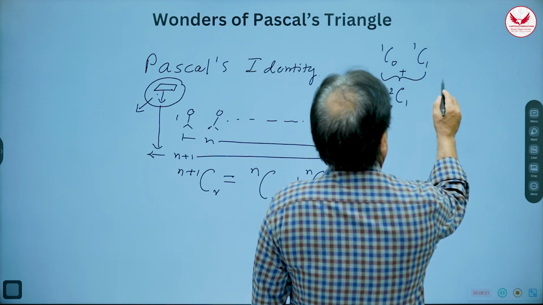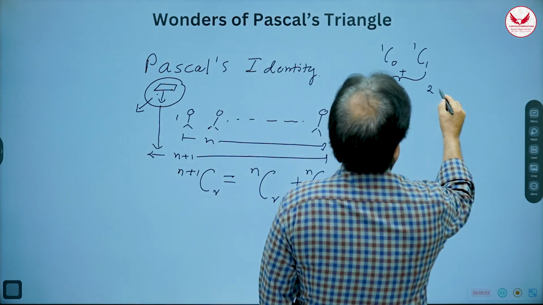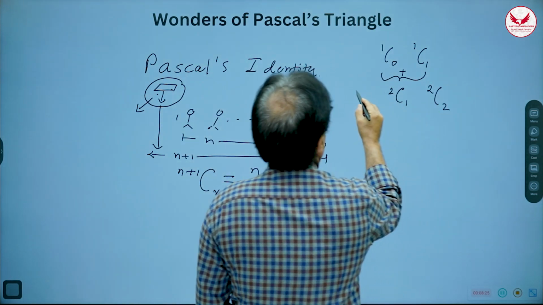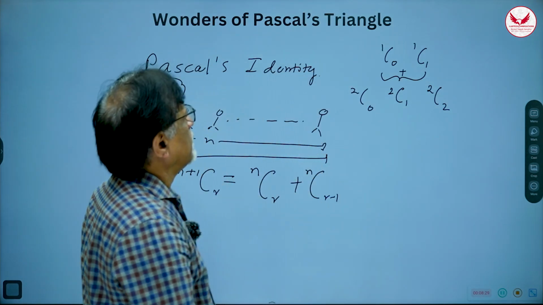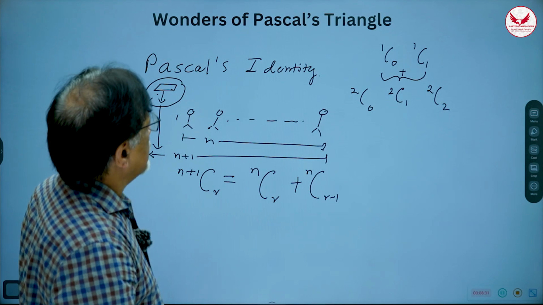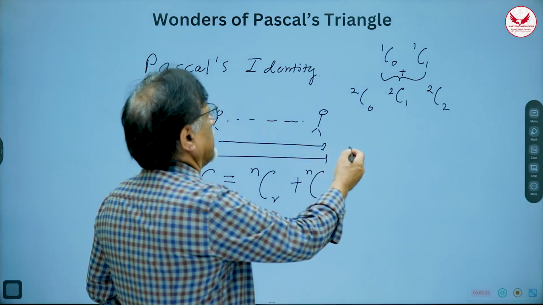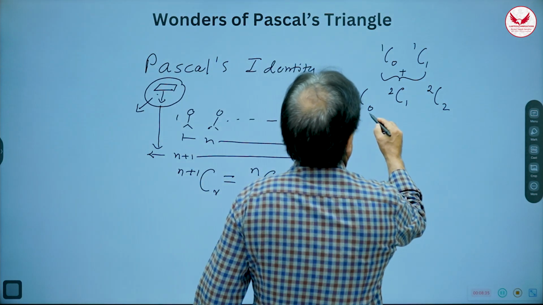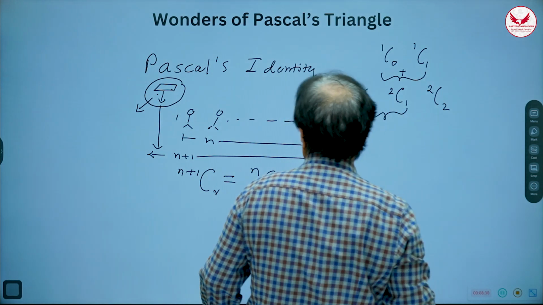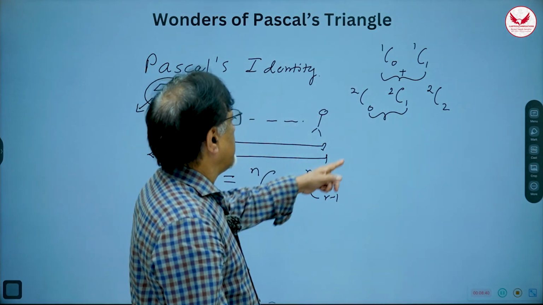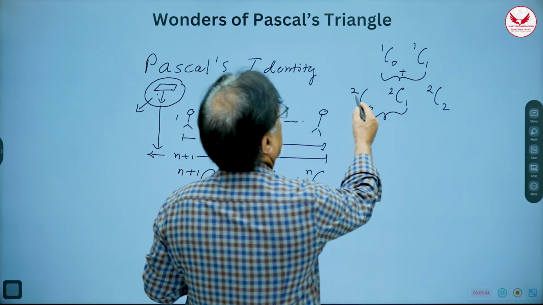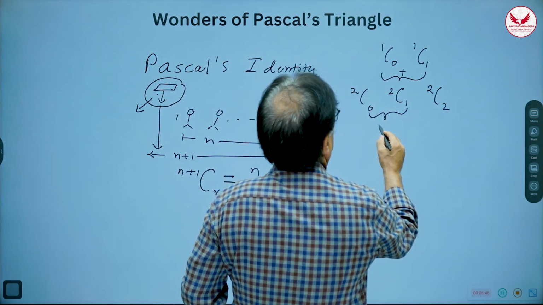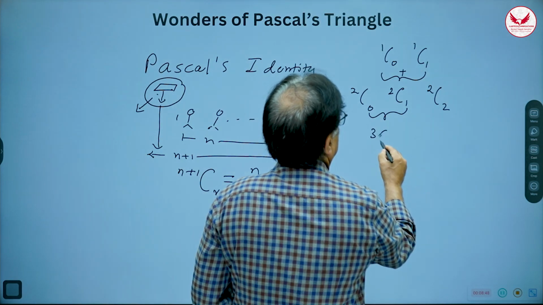Now, let us put 2C2 on this side and 2C0 on this side. Now suppose I add these two and apply the same principle. Here r minus 1 is 0 and r is 1. If I add these two, I will get 3C1.